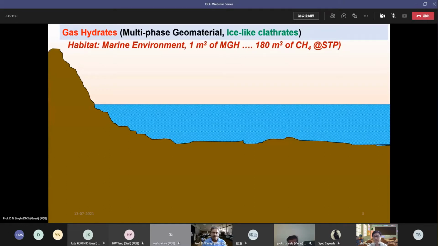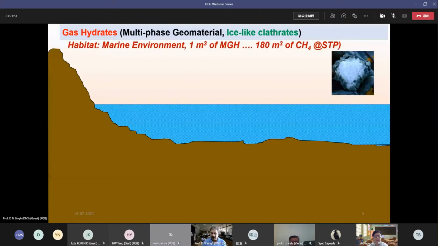Hence you can realize why everybody is interested in doing research in this area. The research includes the exploration of the hydrate bearing sediments, and then how to release the methane which is trapped in this cage of ice-like clathrates to use it in the energy form.